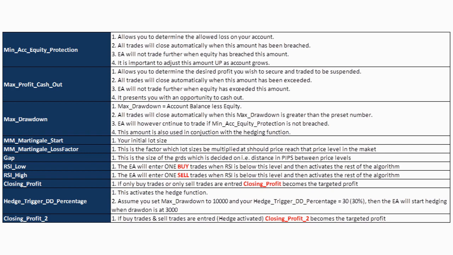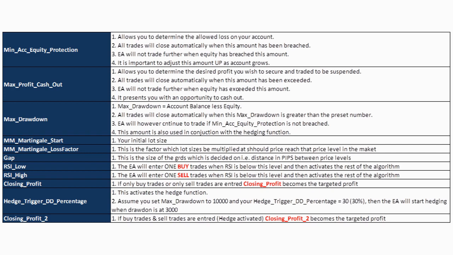If you set the drawdown percentage to 30%, it's telling the EA, hold on, I am now $3,000 down in my account. I need to open a hedge to start balancing the trades, so that I go into a hedge function and don't go into too large a drawdown.